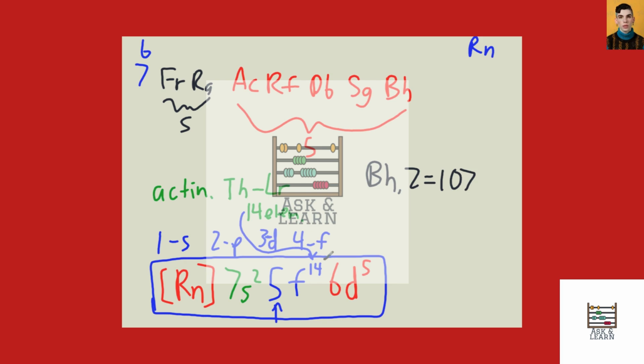So we have 19 plus 2 plus radon's atomic number, assuming that all of them are full, which will indeed add up to be 107, thus confirming that this is a reasonable answer.